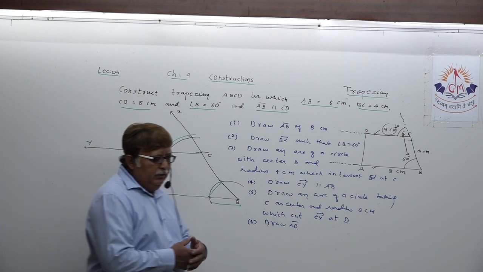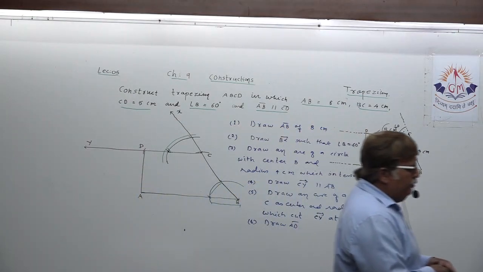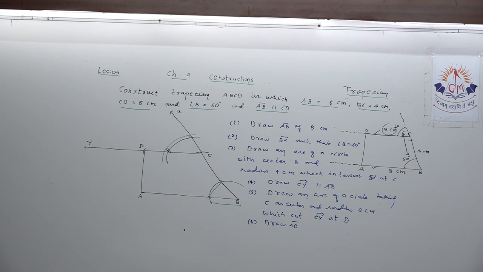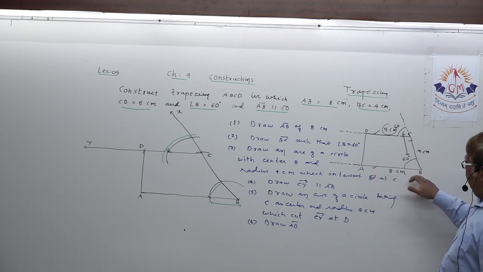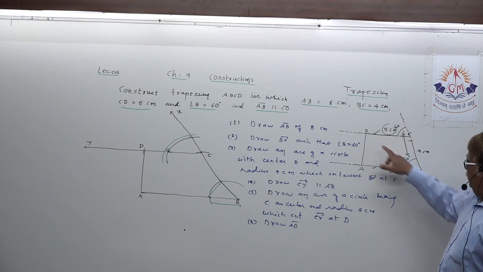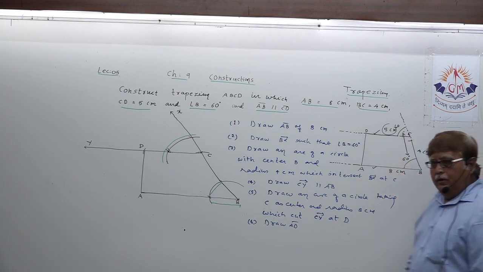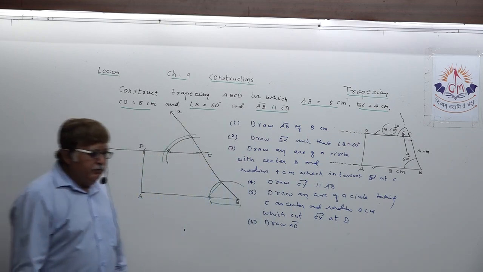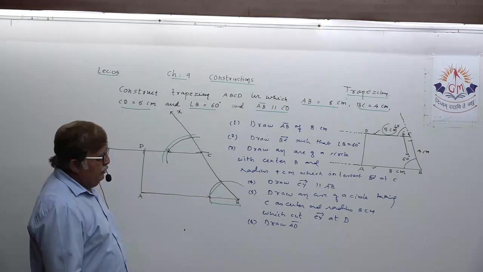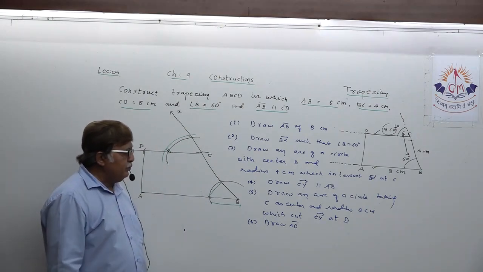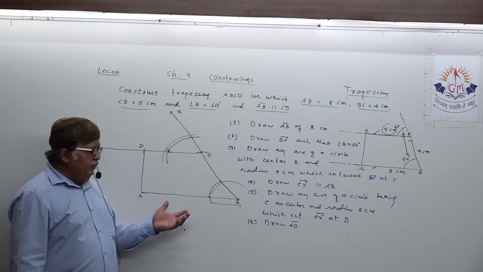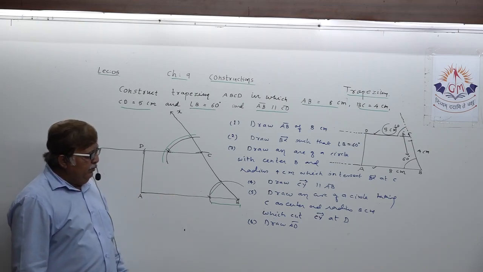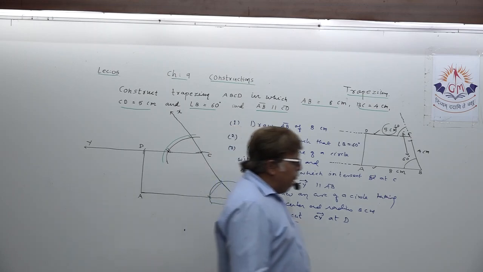Okay. So this way, first just have a look at this construction. Understand the construction of trapezium under the given condition where AB is given, BC is given, CD is given, angle B is given 60 degree. How to realize this particular construction. Just have a look, and then we will have a quick look at the steps.